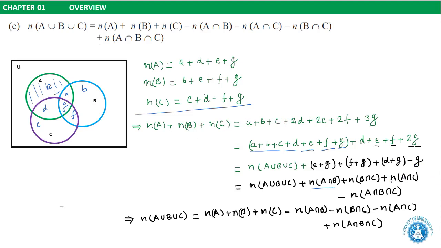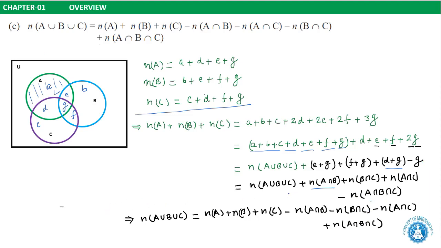This represents d plus g, the number of elements present in the intersection of A and C, and g will represent the intersection of all sets.